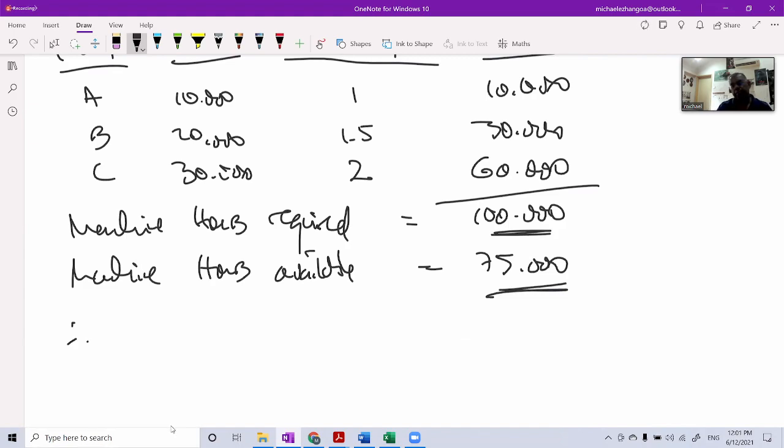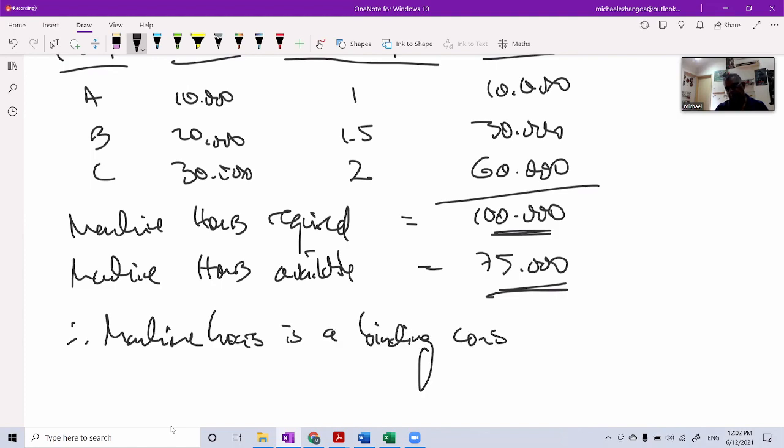Which implies we don't have sufficient machine hours to meet our demand, correct? Not enough. So therefore, this means that machine hours is a binding constraint. Can you follow that?